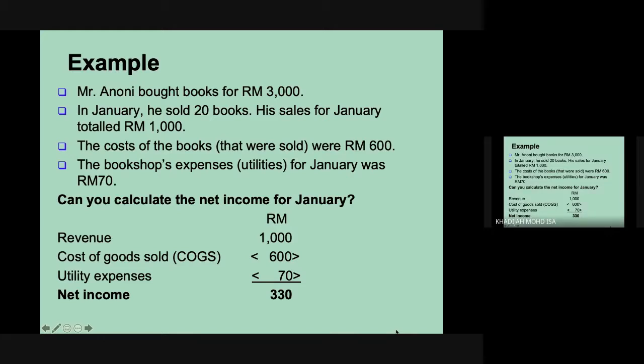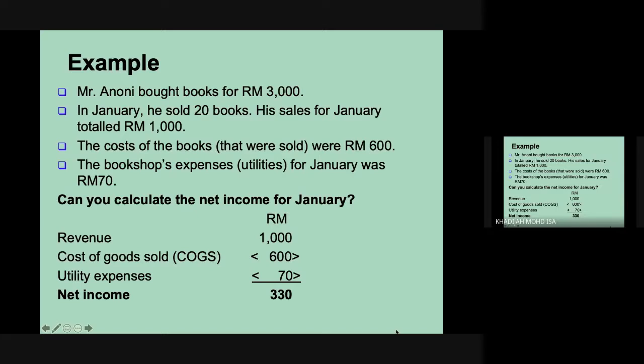Mr. Anoni bought books for 3,000. In January, he sold 20 books. Sales for January total 1,000. The cost of the books that were sold was 600. The bookshop expenses, in this case utilities, for January was 70 ringgit. Can you calculate the net income for January?